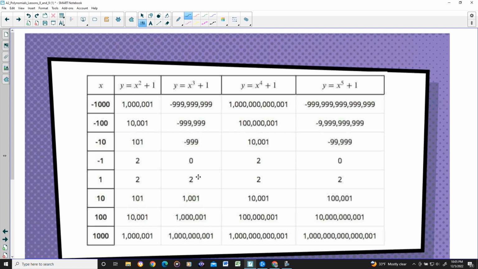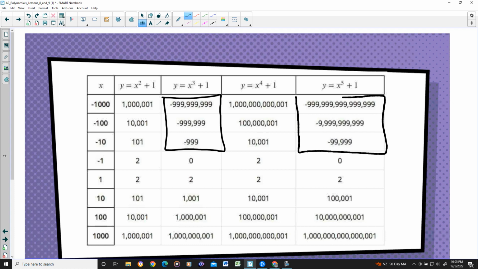You might notice this. Notice that some of the numbers are negative. And you might notice for x squared and x to the fourth, despite having some x values that are negative, the answers are always positive. Do you know why?